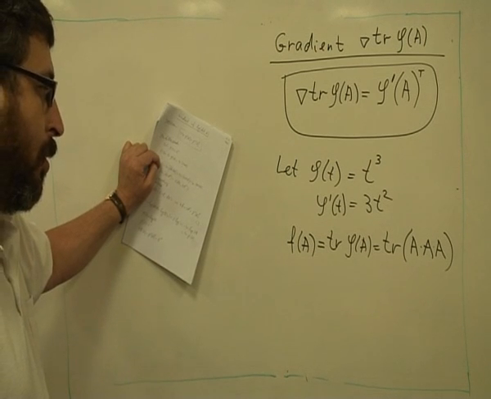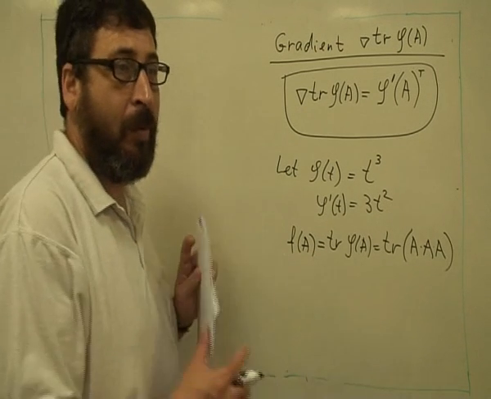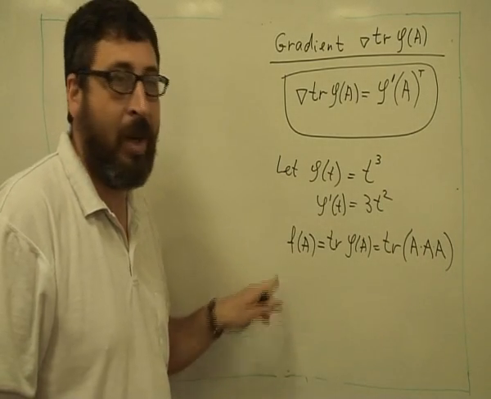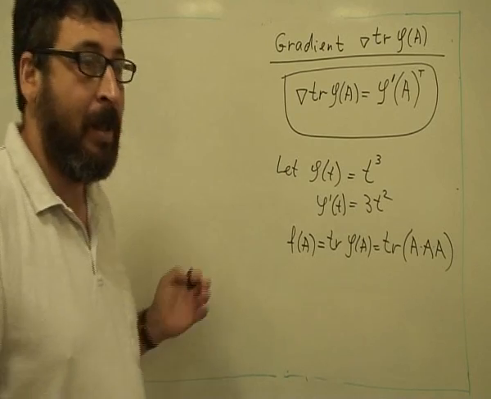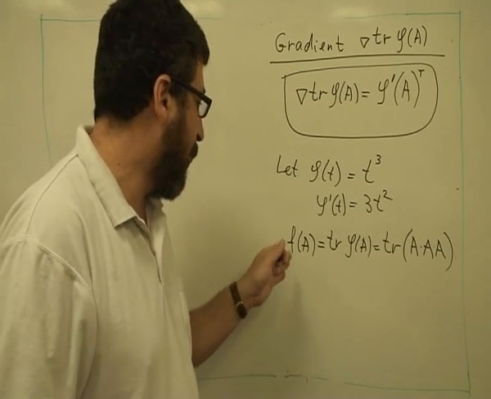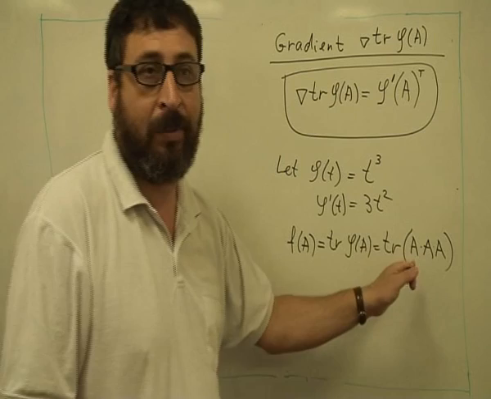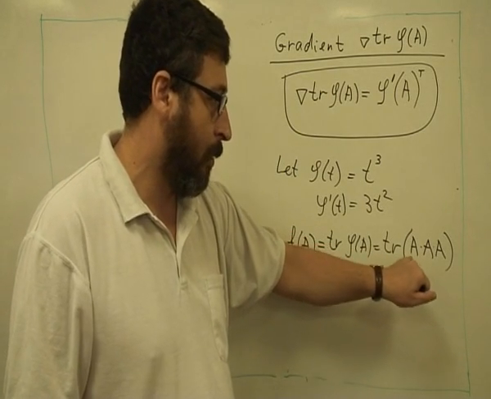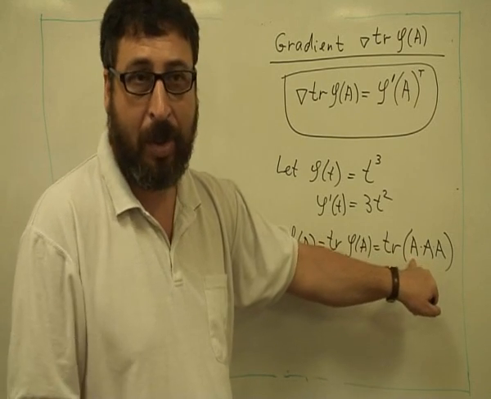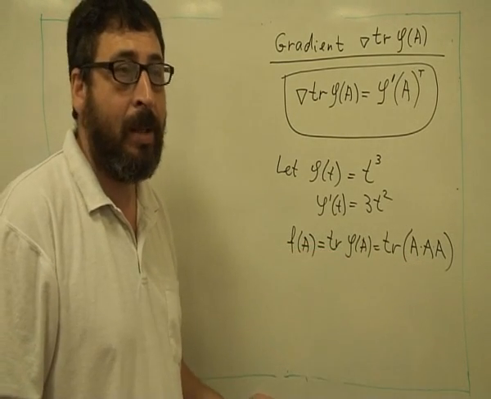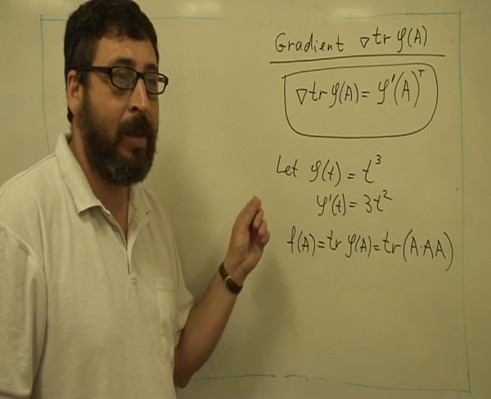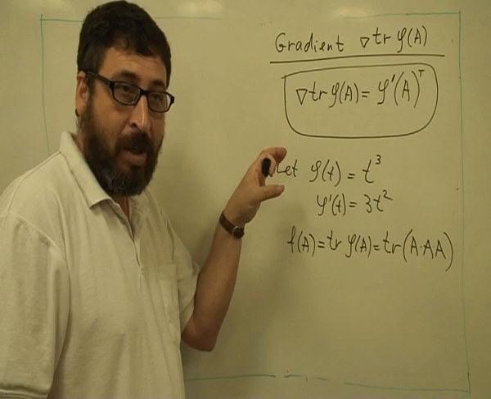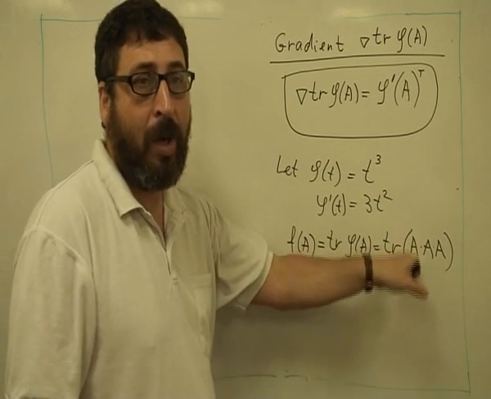Now, we already know a standard way to derive the gradient of any function. We should see what is the differential of a function when we make some increment to the argument, and then we say the differential of the function is the scalar product of the gradient with the differential of the argument.